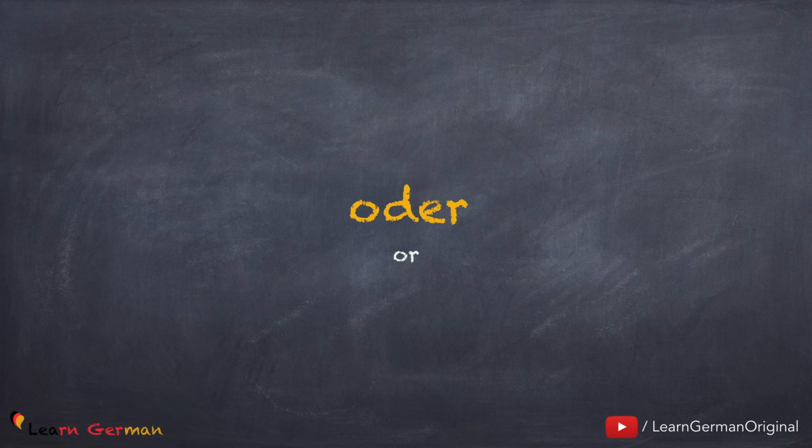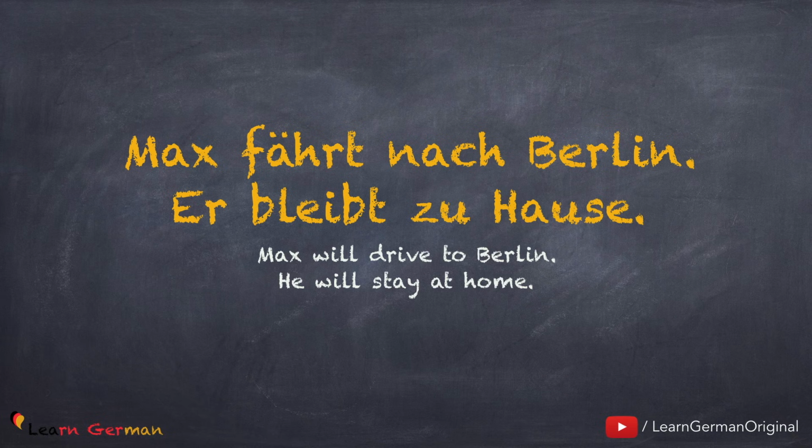Oder. With this conjunction, you generally have an alternative, this or that. Let's look at the first example. Here are two sentences. Max fährt nach Berlin. Bleibt zu Hause.